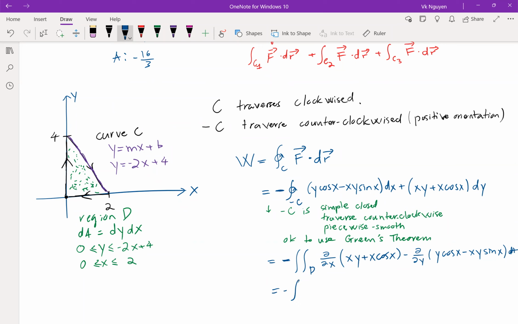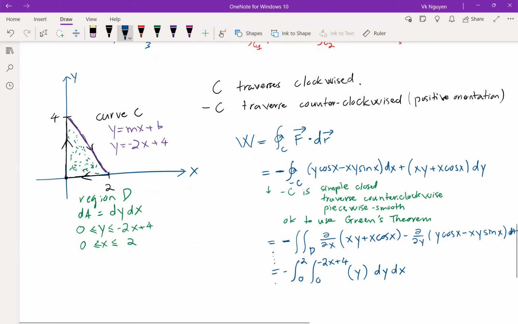Negative, well, the integral, right? Everyone knows how to set up 0 to 2, 0 to minus 2x plus 4. And when you do this thing here, it will cancel out nicely. You're just going to have a y because the dA is dy dx. So I'm going to leave this thing to you guys. And of course, the answer is going to be a negative number.